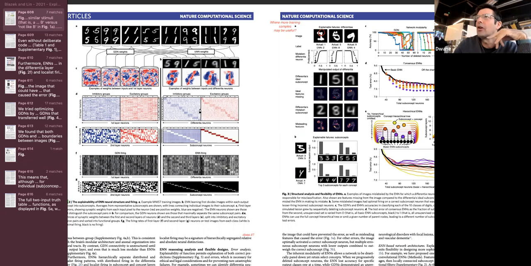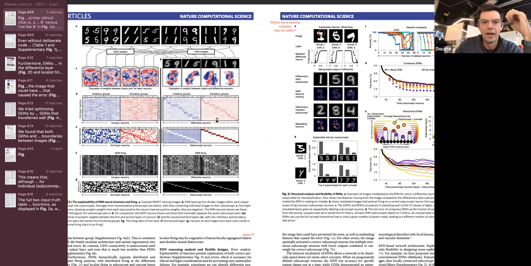By the time you get through to the subconcept neurons, this cleans up massively. There is almost no loss, no faulty activation in the neurons here, whereas there is in the gradient descent neural network. So this is one of their arguments, saying that it's cleaner and more interpretable.